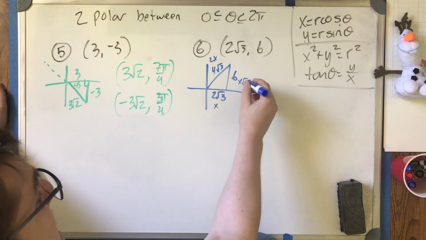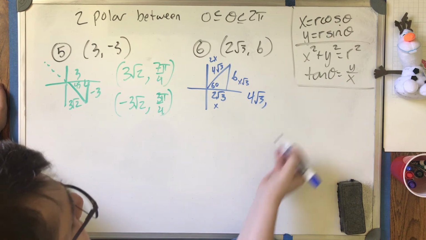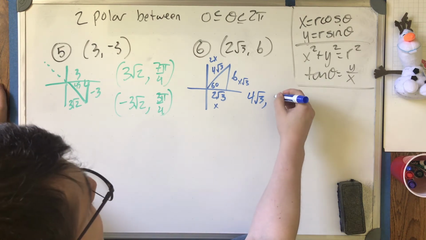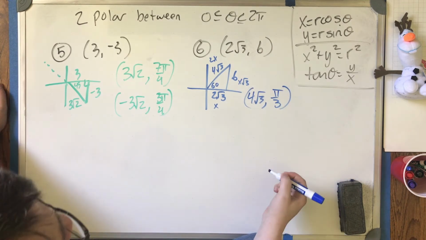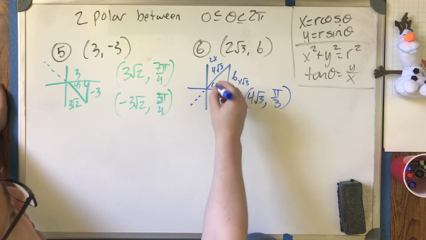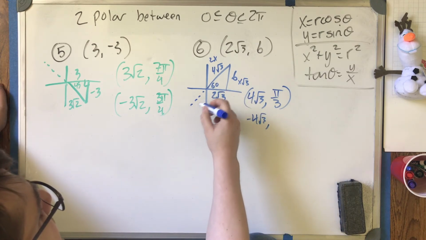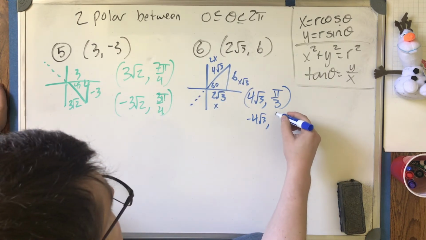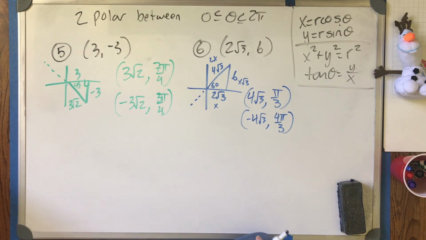And let's see, if this is the x√3, then that's the 60. So I'm going to have 4√3 is my radius, and then 60, but I'm in radians, so π/3. And then I need to pick this one over here with a negative radius. And let's see, that's going to be 1, 2, 3, 4. So 4π/3. And those are going to be the 2 points that work for this one.